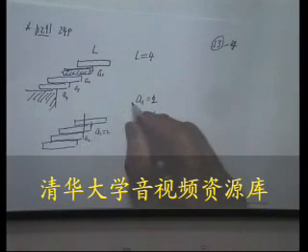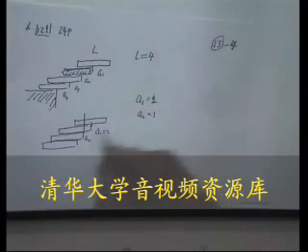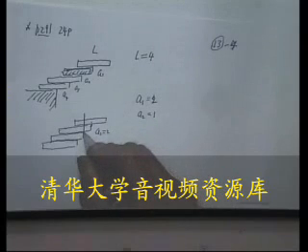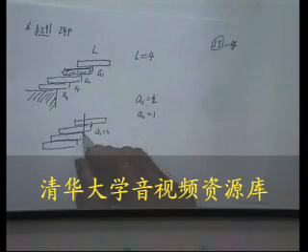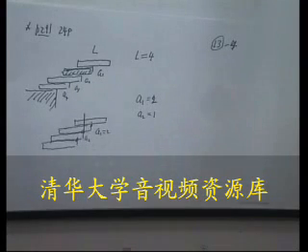This point should be at the center of mass of the first block. This point should be at the center of mass of the top two blocks. This point should be at the center of mass of the top three blocks. Is everybody happy with what I just said?